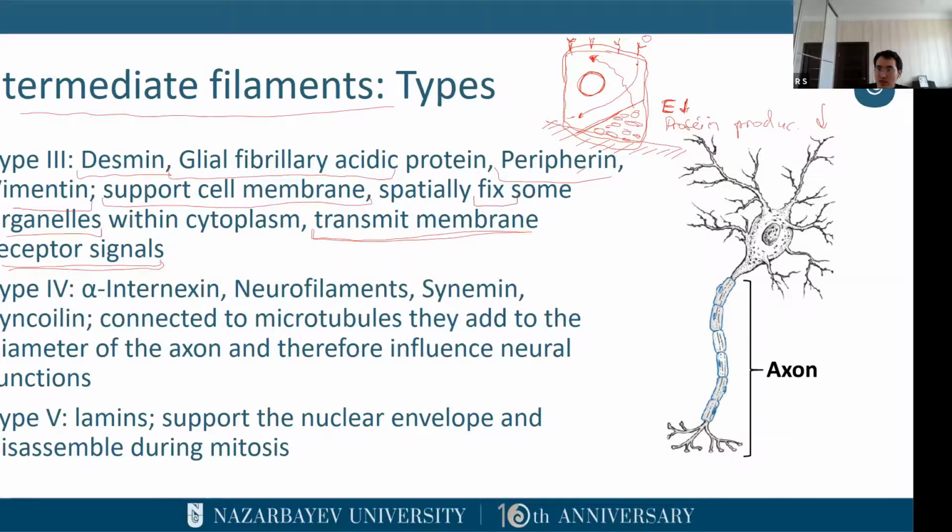So let's say they change the structure, and this change goes through all of these filaments, and when it reaches this part, here is the sensing molecule that understands that the change of shape of this intermediate filament happened.